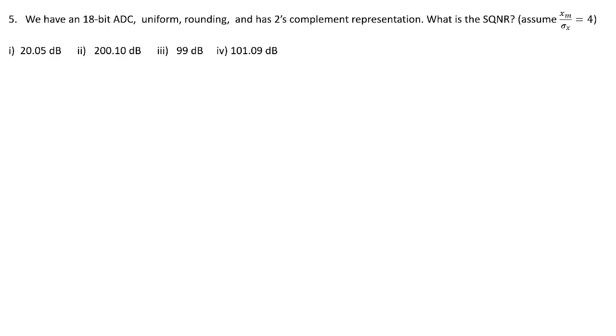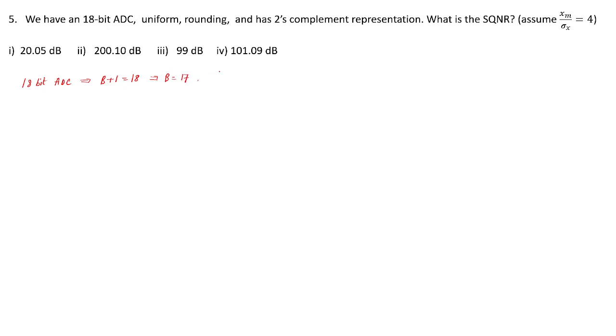Okay, so it's a b plus 1 bit quantizer, an 18-bit ADC. So in the SQNR formula we use b, that b is not 18. I need to remind you again, b plus 1 is 18. That results into b being 17.